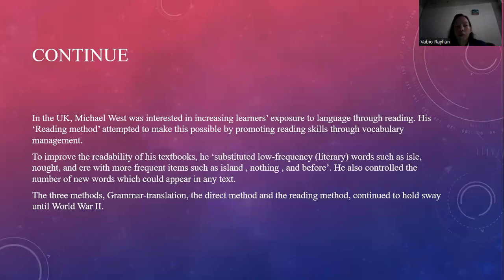He substituted low frequency literary words such as also, now, and are with more frequent items such as island, nothing, and before. He also controlled the number of new words which could appear in any text.